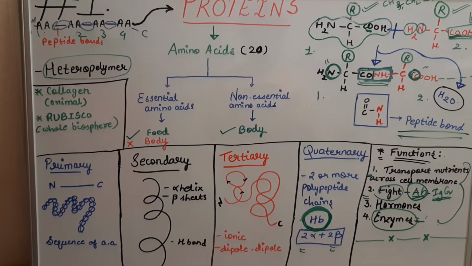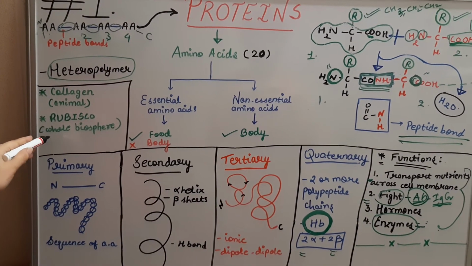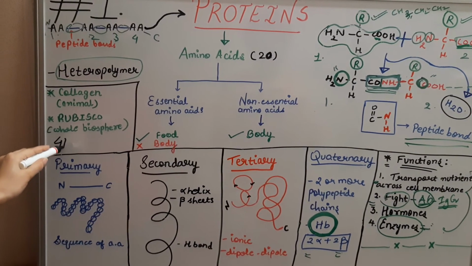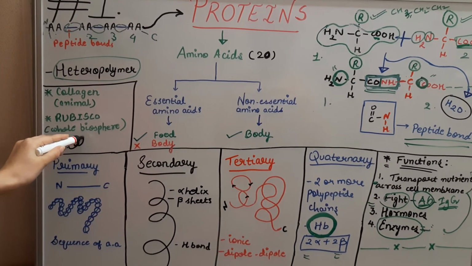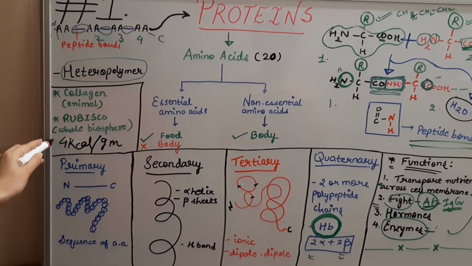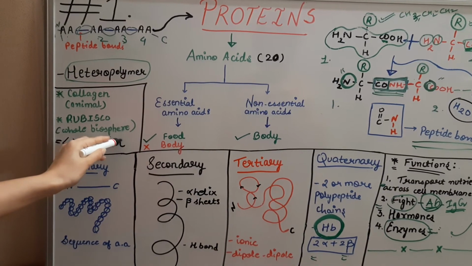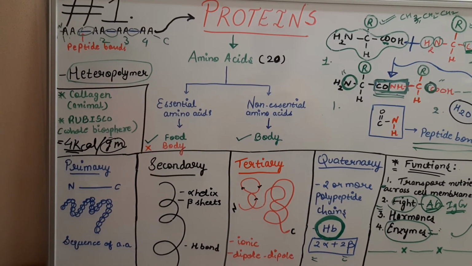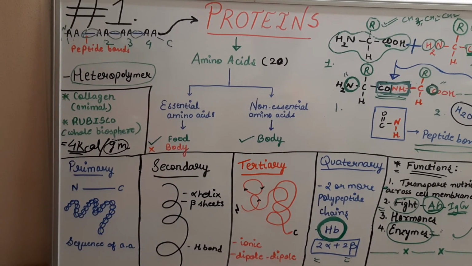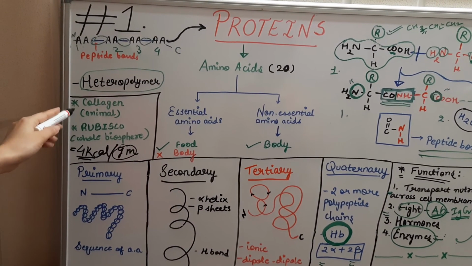One of the most important things to remember here is that protein gives us 4 kilocalories per gram of energy. Second important thing is one of the most abundant proteins, that is collagen.